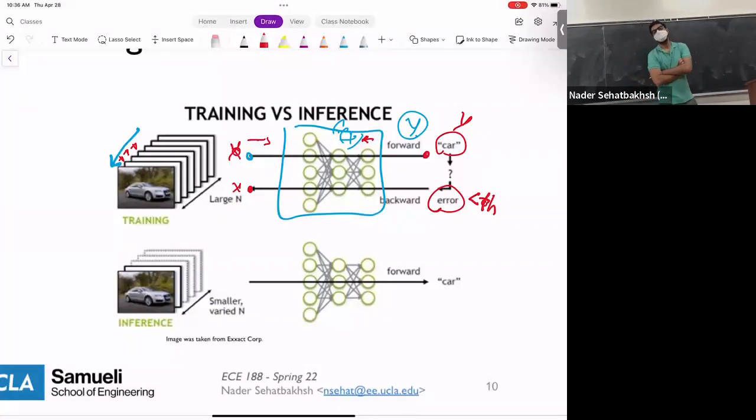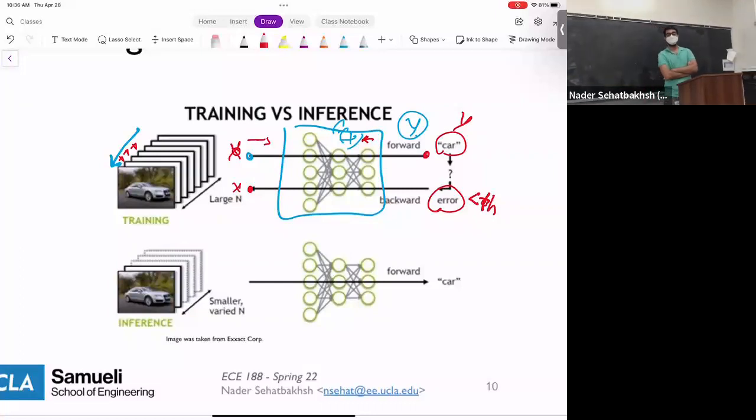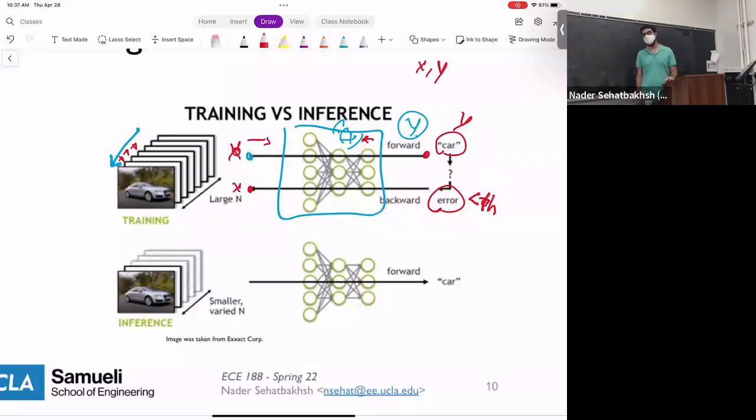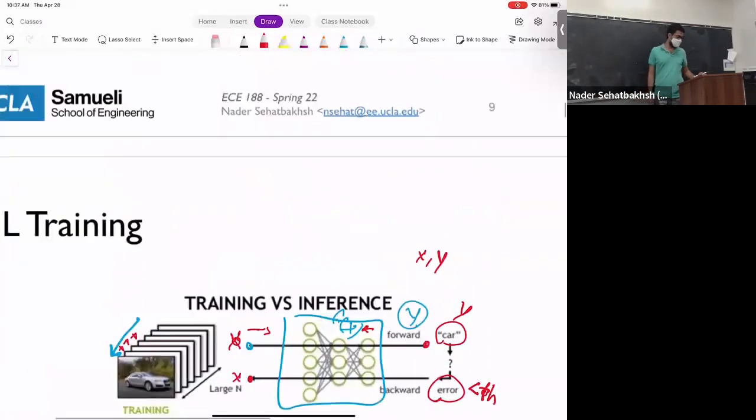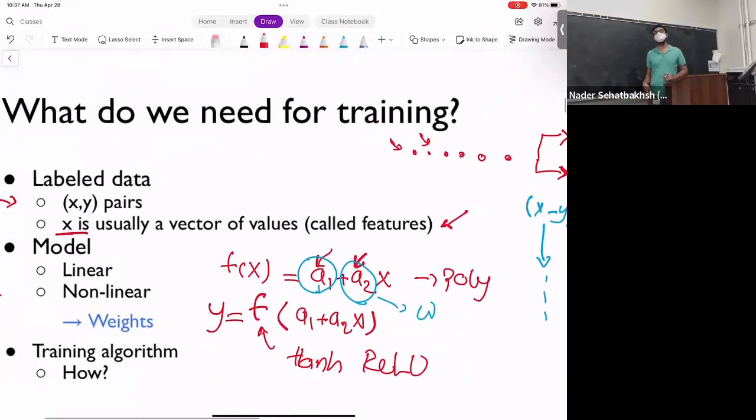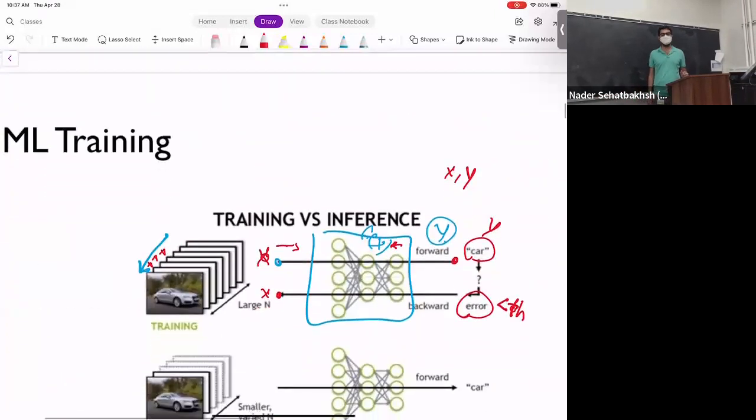Question. How does it know if it found an error or not? So remember, when we are doing the training, we have both x and y, right? We have labeled data, so we already know the answer. So what we do is test our system to know how well it can predict that answer.